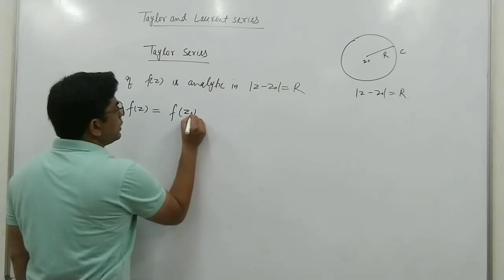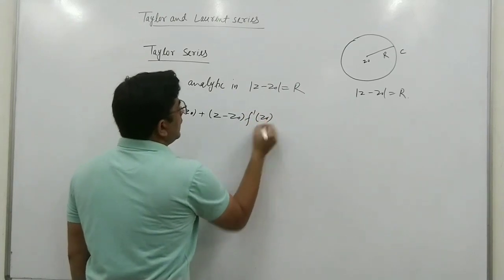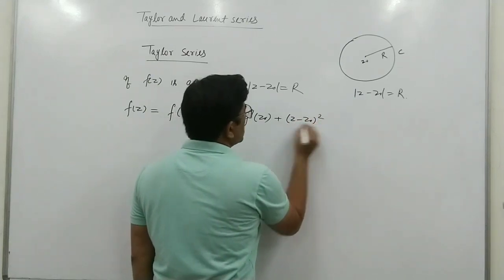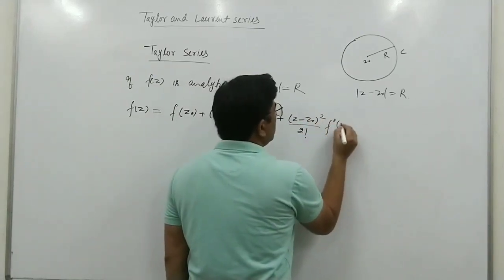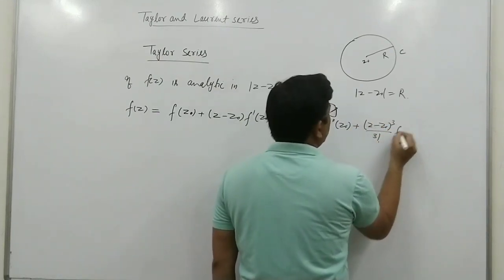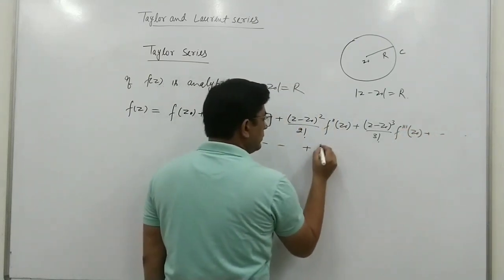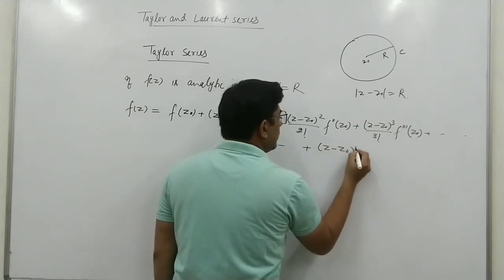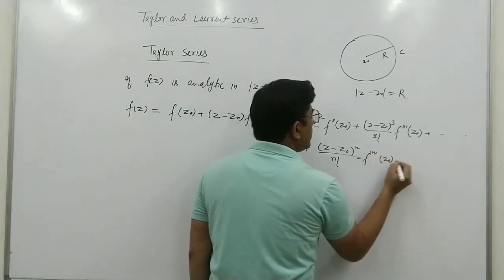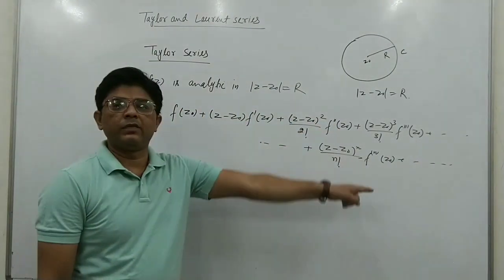This is f(z0) plus (z minus z0) f'(z0), plus (z minus z0) squared upon 2 factorial f''(z0), (z minus z0) cubed upon 3 factorial f'''(z0), and so on. If we write the term with power n, this will be (z minus z0)^n upon n factorial, nth derivative at z0, and so on. So f(z) can be expanded in the form of this series.